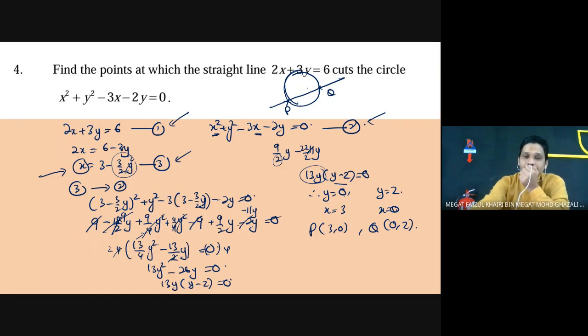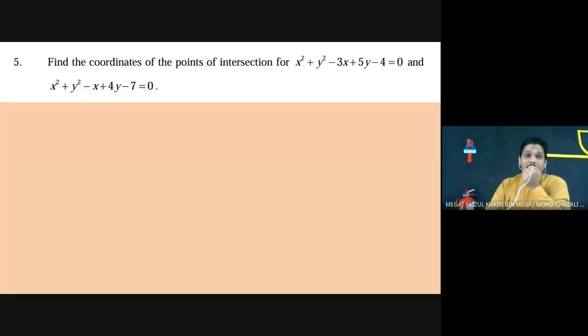Okay. Question 5. When we get x squared plus y squared minus 3x plus 5y minus 4 equal to 0 and x squared plus y squared minus x plus 4y minus 7 equal to 0.